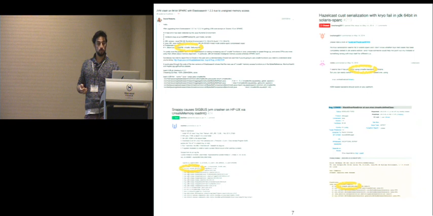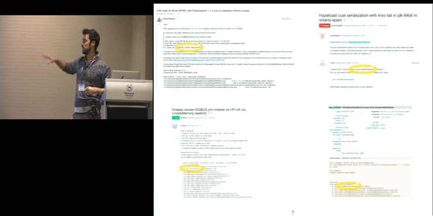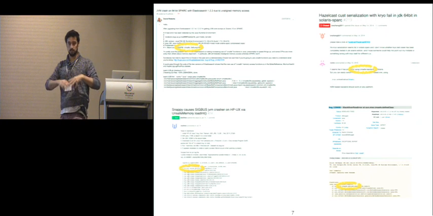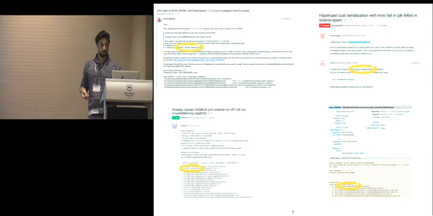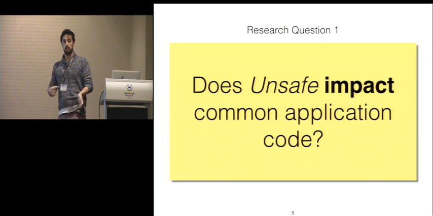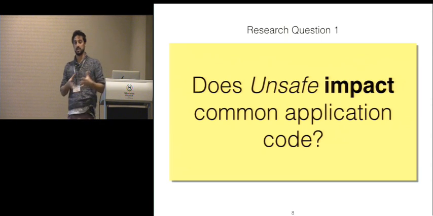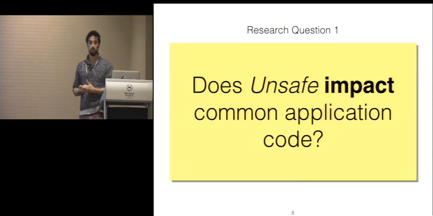For that, we want to know: now we have four examples, but who else is using Unsafe? So our first question is: is Unsafe used in common application code? What is the impact of Unsafe in the real world?